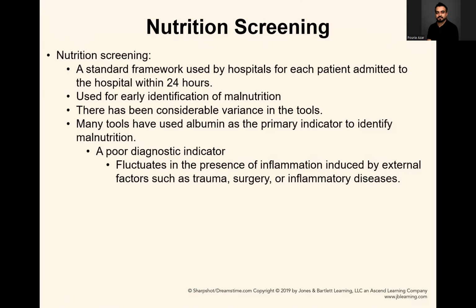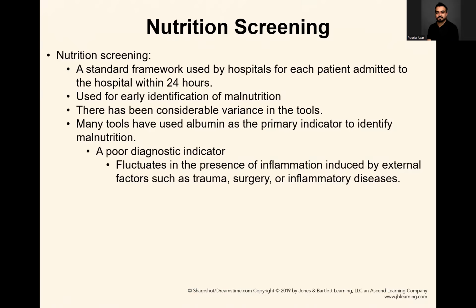Why? Because it is influenced by different factors, especially external factors such as trauma, surgery, or inflammatory diseases. There are some proteins in the body like albumin and transferrin. These proteins respond to inflammation, stress, surgery, trauma, and infections, and their levels change by different conditions, by external factors.